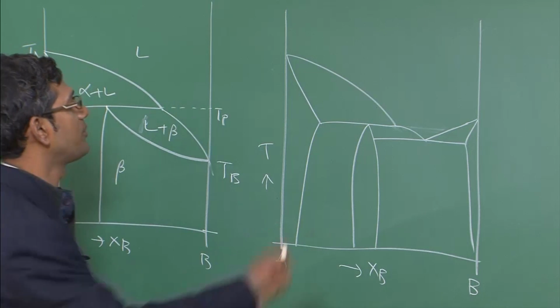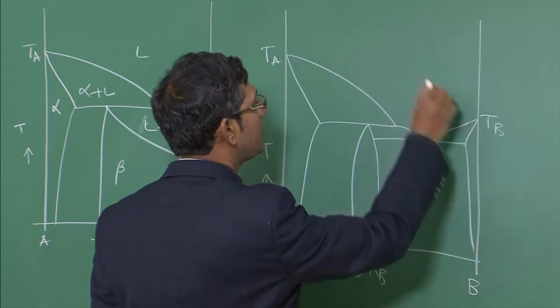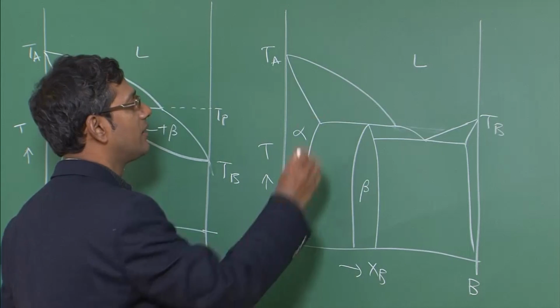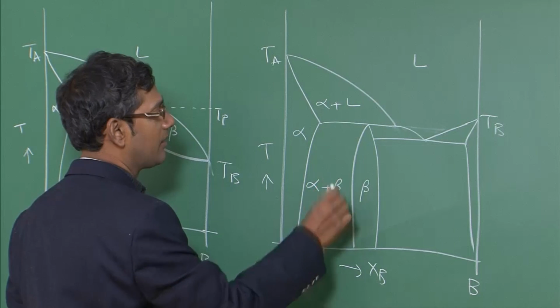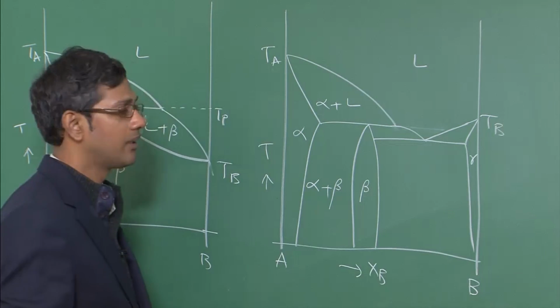So, this is what I am trying to say. So, the melting temperature of A, melting temperature of B, liquid, alpha, this is the beta, therefore, this is liquid plus alpha, alpha plus beta, and there is a new phase gamma, correct.